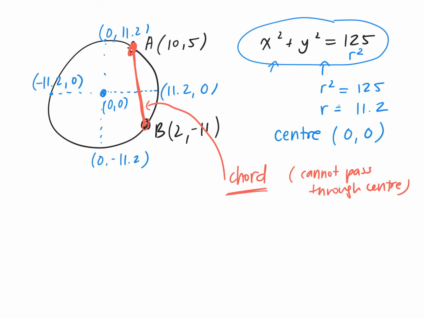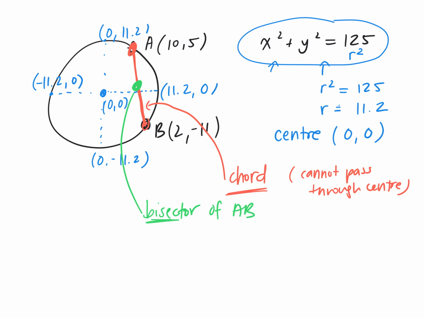We have to show that the perpendicular bisector of that chord passes through the center of the circle. So we have to figure out what is the equation of a line that's perpendicular. It's a perpendicular bisector. So what does that mean if it's a bisector? If it bisects, it's a bisector of AB.